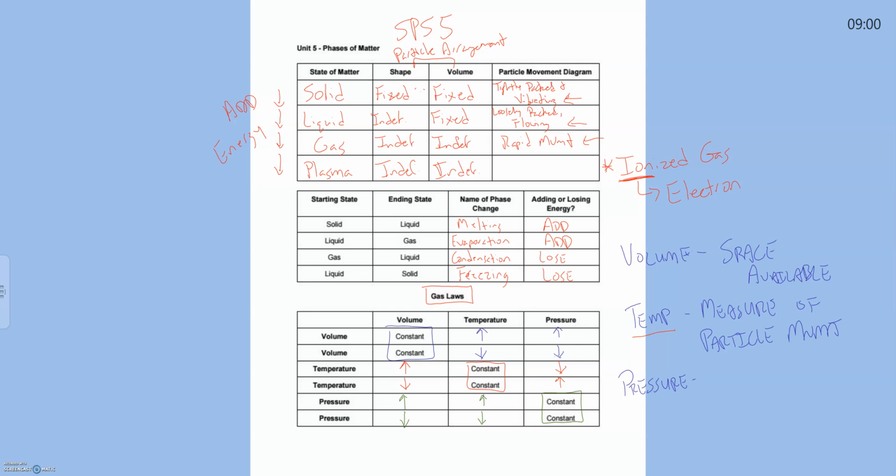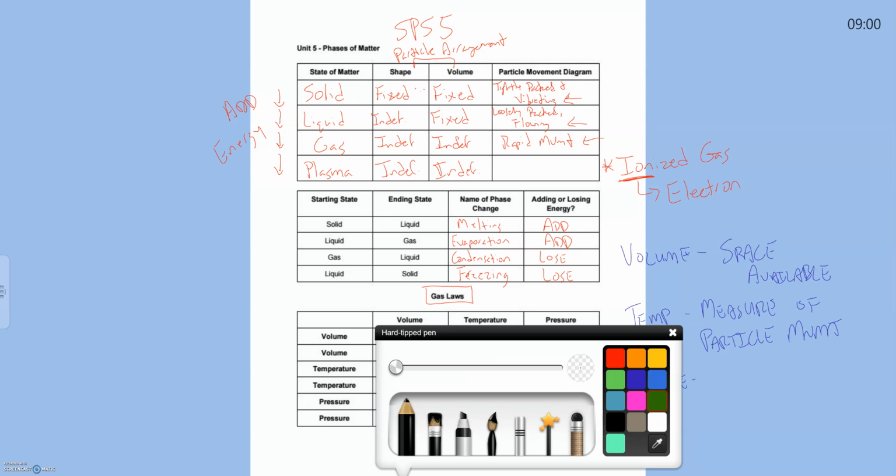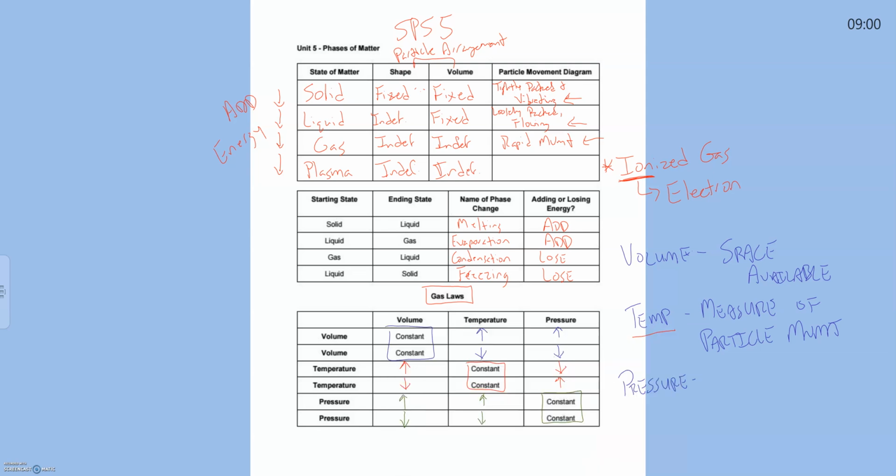Alrighty, so the last thing that I'm going to hit here with gas laws is the relationship between volume, temperature, and pressure, where we have what we call directly proportional.